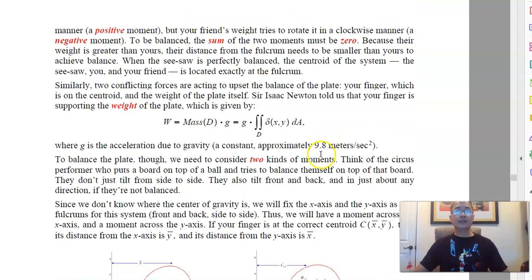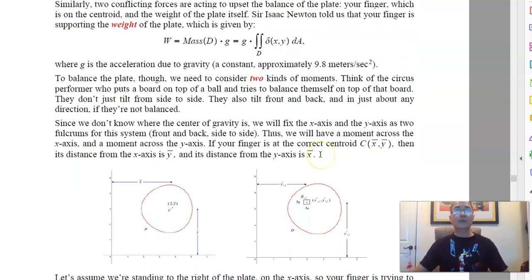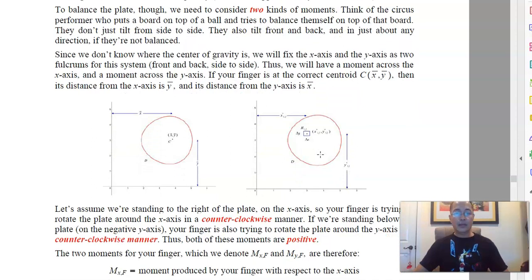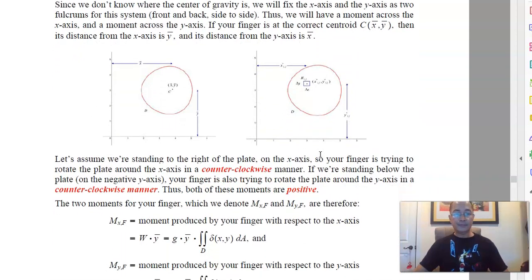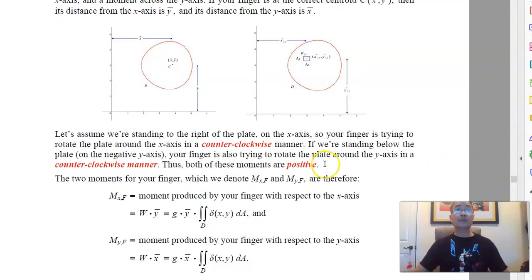Those are the two distances that we need when we apply the principle of a moment. The moment produced by your finger with respect to the x-axis is the product of the weight times y bar. How far is your finger from the x-axis?